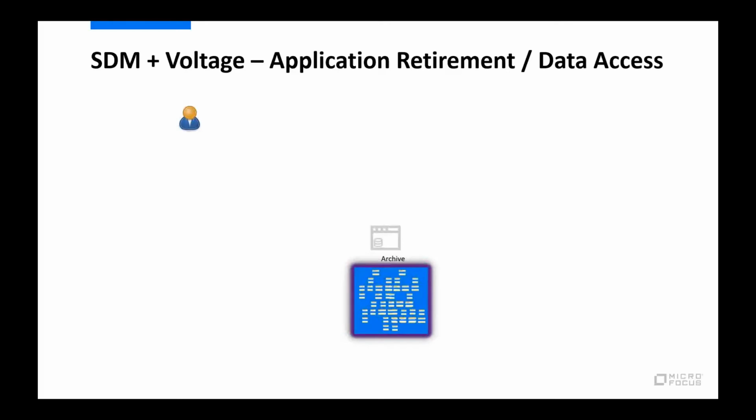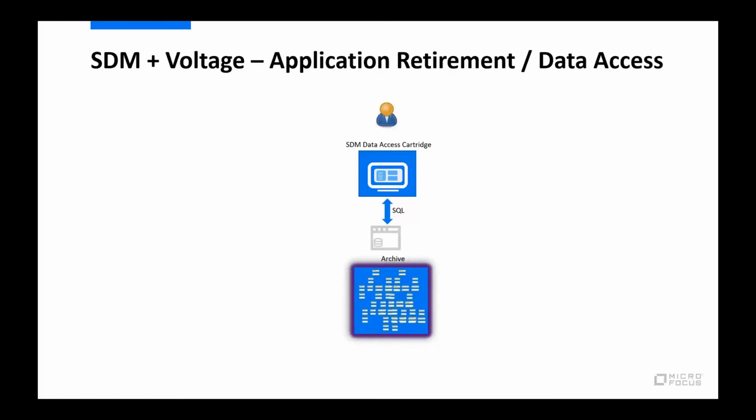So now we have an encrypted archive and we have a user. To replace the application that we retired, we introduce a new concept from Structured Data Manager called a data access cartridge. Now, a data access cartridge is a visual HTML interface that a user can use to query the archive, much like they did originally using the application.